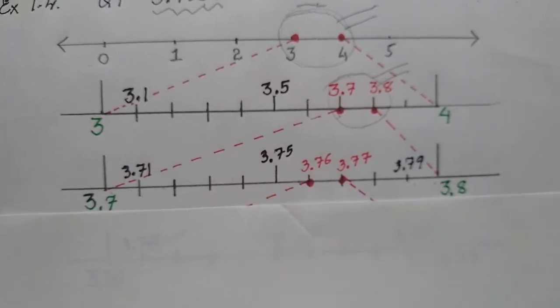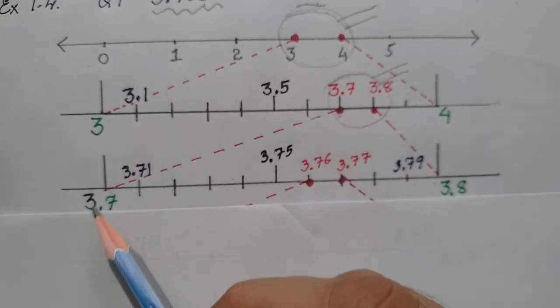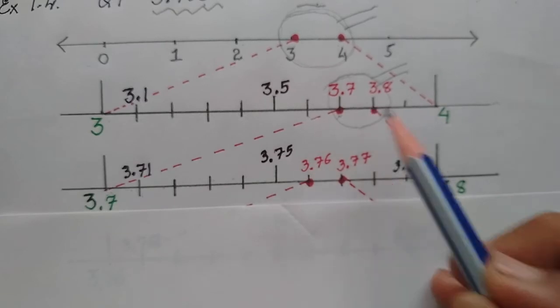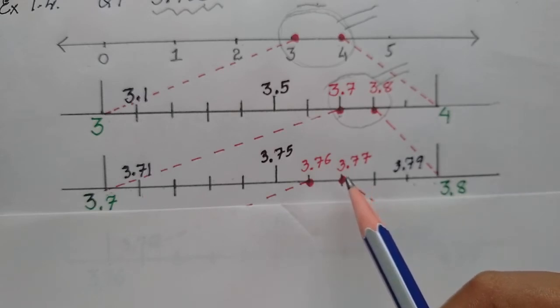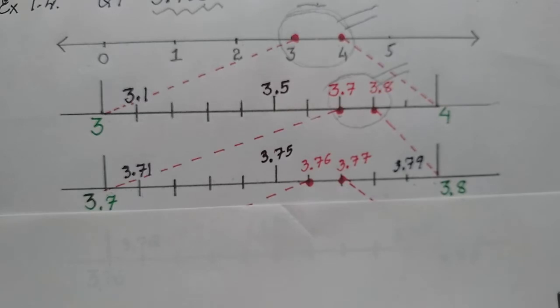Okay, by that way. Now I was telling that this is 3.7 taken here, and this is 3.8 here. Now children, we want the next number. Our original number is which one, children? This is our number 3.765, children.